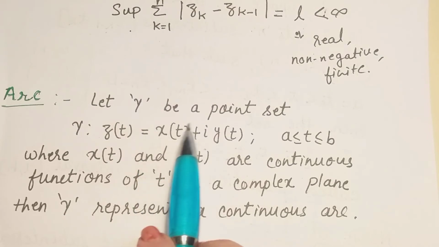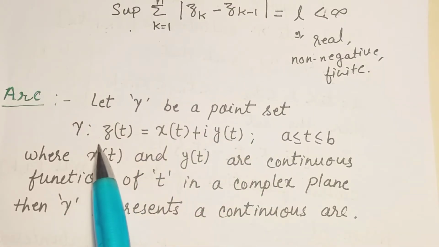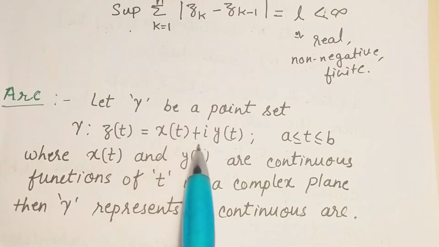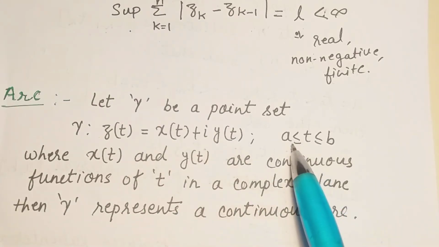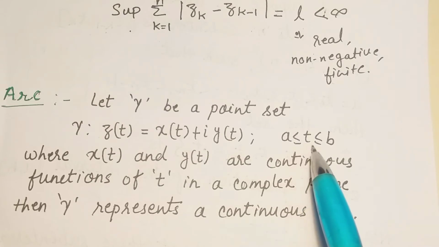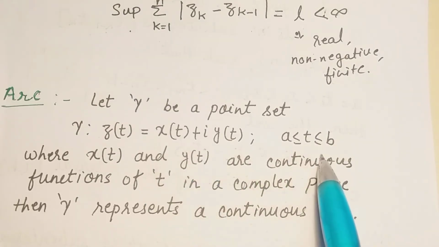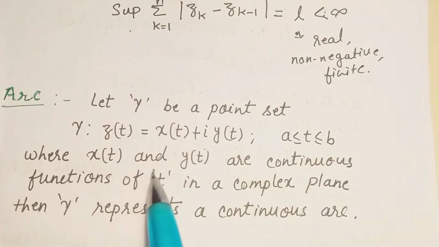Now next is arc. Let gamma be a point set. Gamma is defined as gamma: z(t) = x(t) + i y(t), again a ≤ t ≤ b, means this gamma is defined over this closed interval [a, b], where x(t) and y(t) are continuous functions of t in the complex plane. Then this gamma represents a continuous arc.